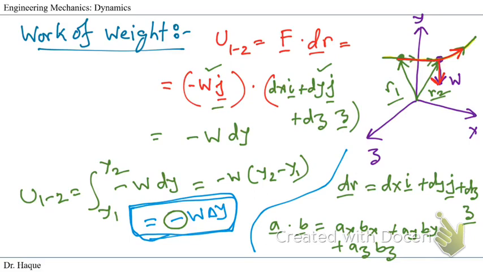If the displacement and force direction are opposite, then we will have negative work. In a different scenario, if the particle is moving downward, and the only force acting is its weight, then the work will be positive. So this is the work of weights.